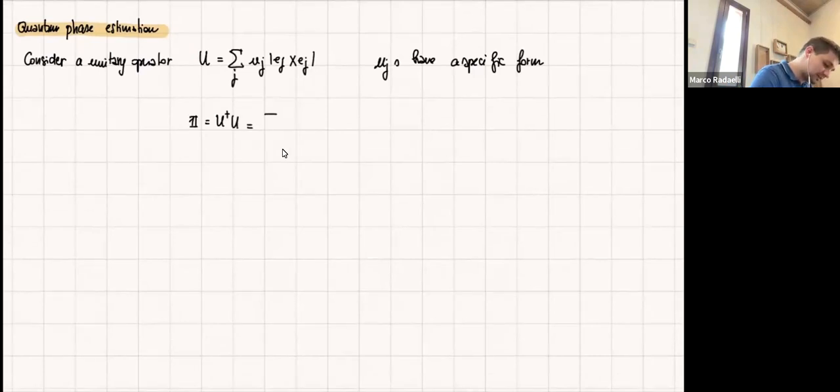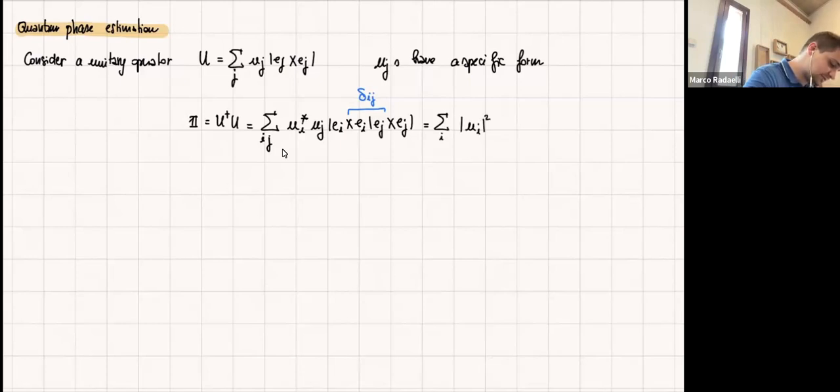But if this is true, we can rewrite this as the sum over i,j of u_i star u_j e_i e_i e_j e_j. Now this is a delta ij, so what we get is the sum over i, where the delta kills the j, and we have the modulus square of u_i times e_i e_i.